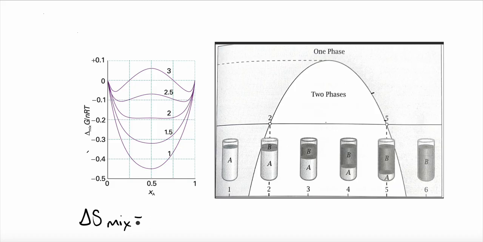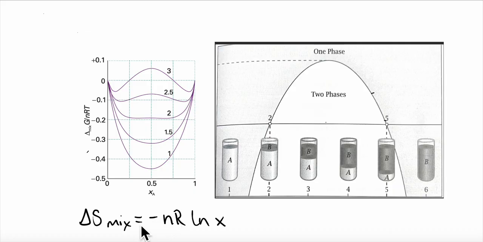The entropy of mixing equals minus nR ln x. And so x is just the amount of substance that we have. It's a mole fraction, and it goes from 0 to 1, so it's kind of a percentage divided by 100. And so when this x is 1, when we just have 100% of one substance, the logarithm of 1 is 0.